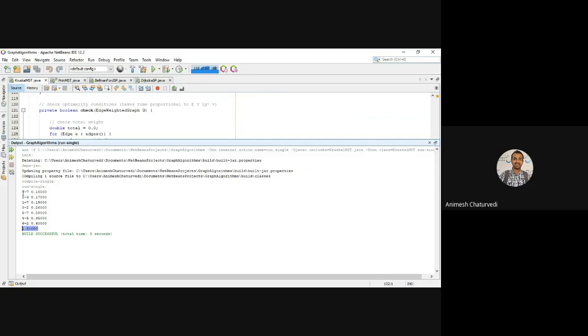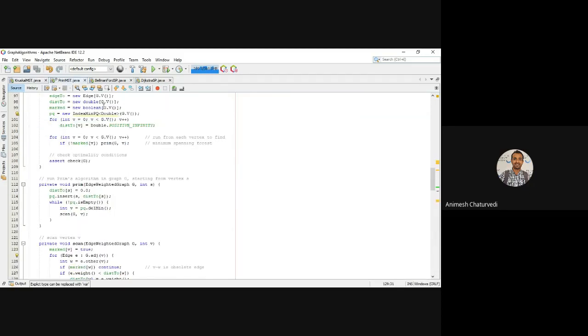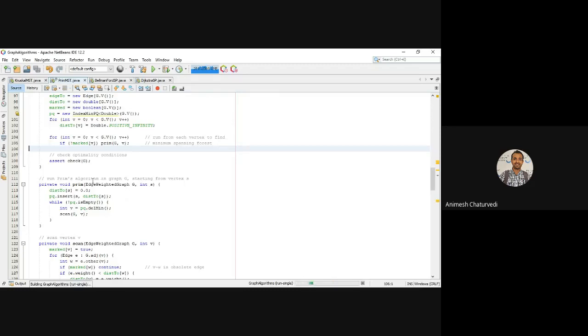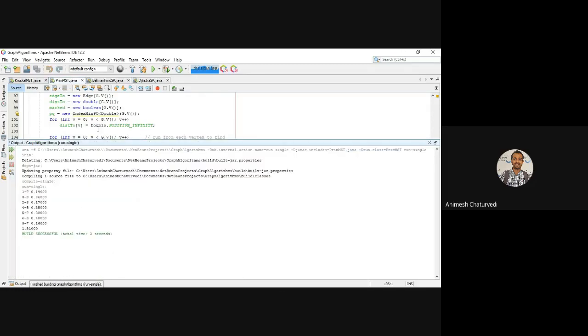Adding up all these weights, you get 1.81 as the sum of the minimum spanning tree, which would be the minimum spanning tree cost. Similarly you can execute Prim's algorithm with the cut set and priority queue. We had discussed all these things, we are just revising it.